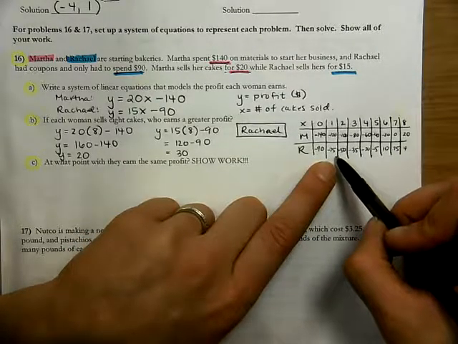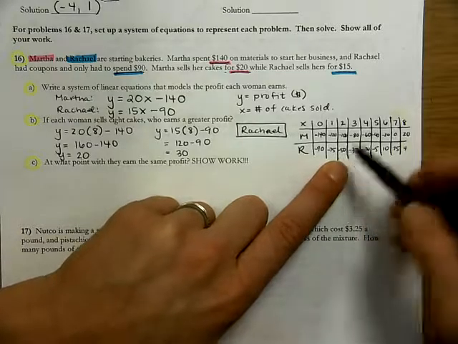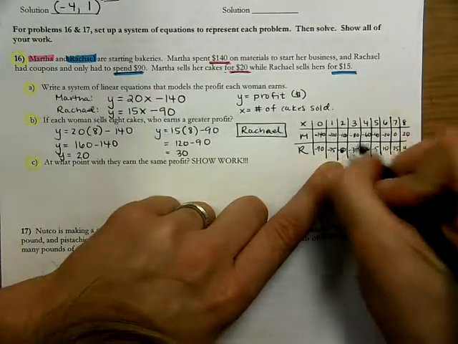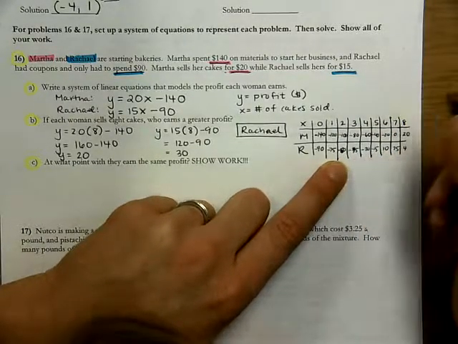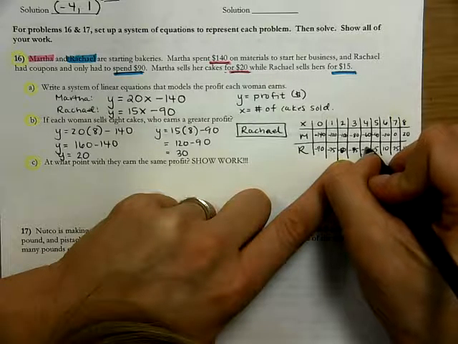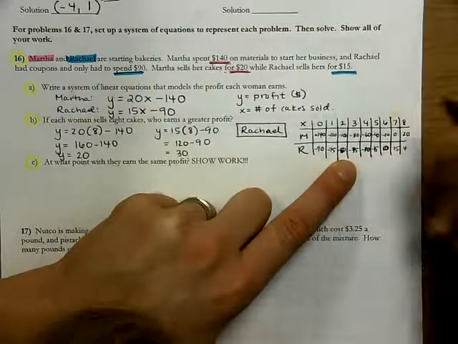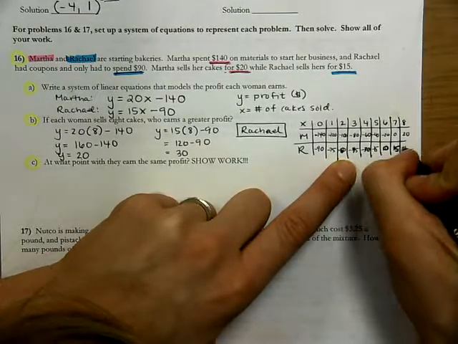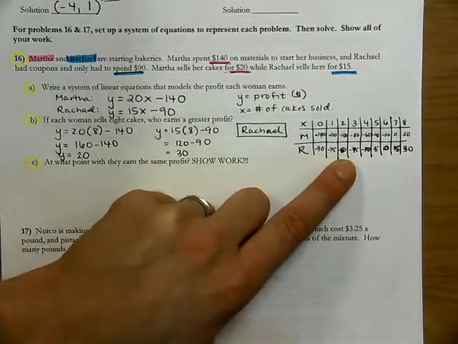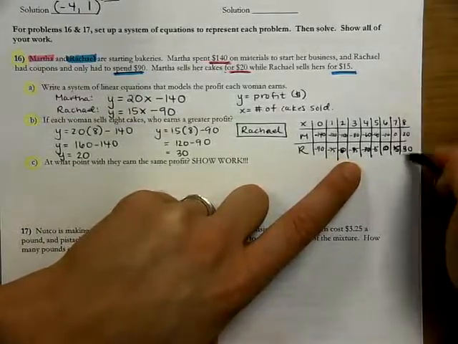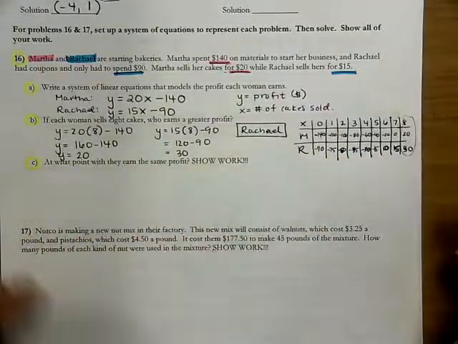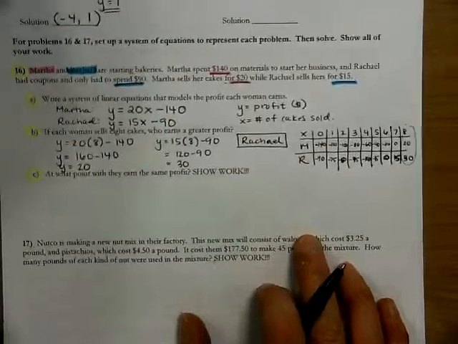Here to here. Oh, yeah, this should be negative 60. This would be negative 45, negative 30, negative 15, 0. There we go, 15 and 30. I made a little mistake there in my math. But then we can see at 8, Rachel would have more money, a greater profit, I mean.